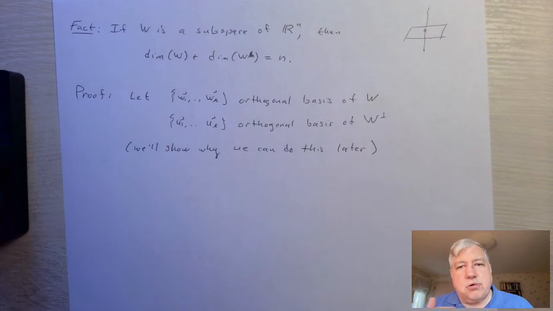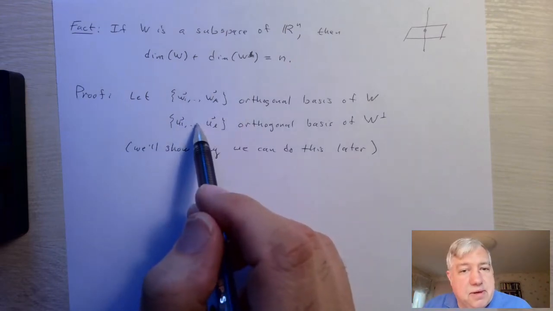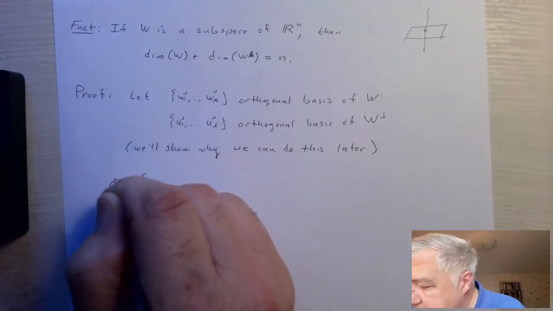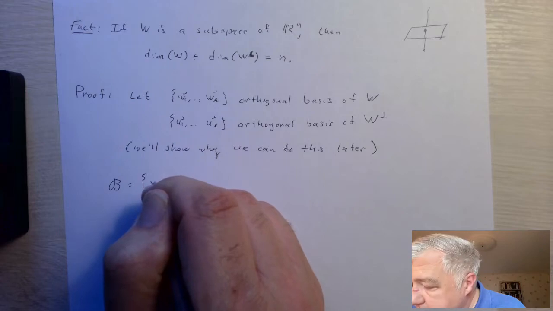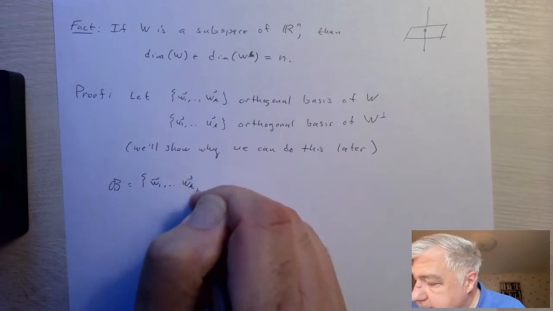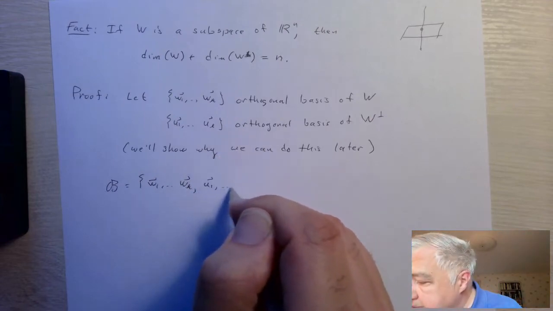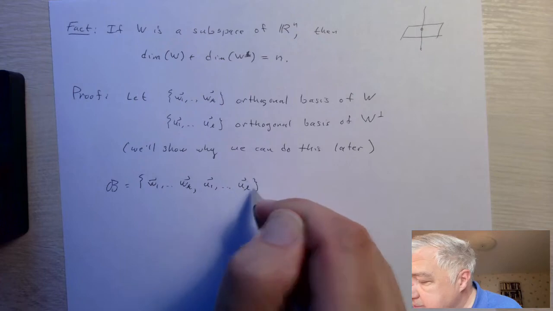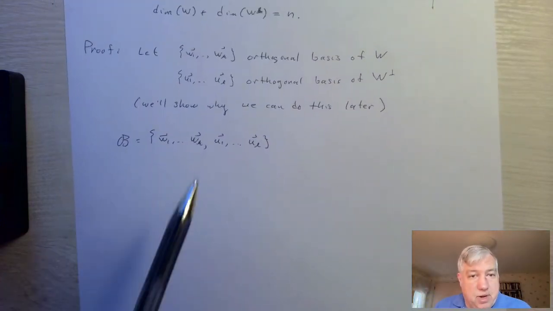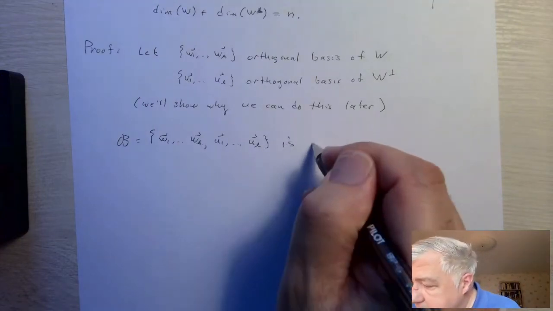So what we're going to do is combine these vectors into one big set. I'm going to let B be W1 through WK and U1 through UL. And we're going to claim that this is a basis for Rn.